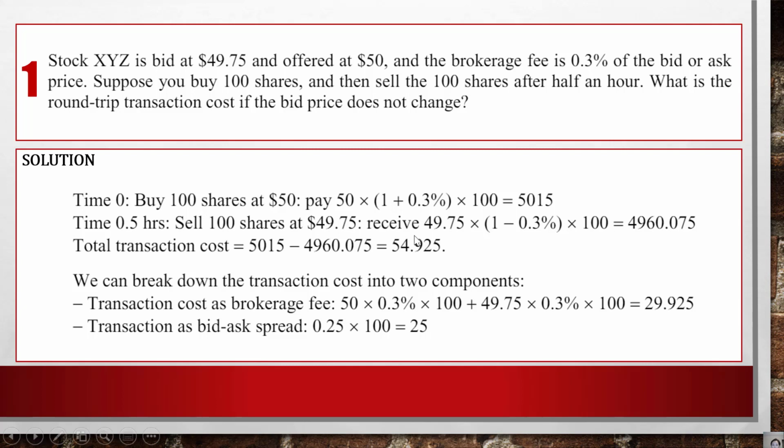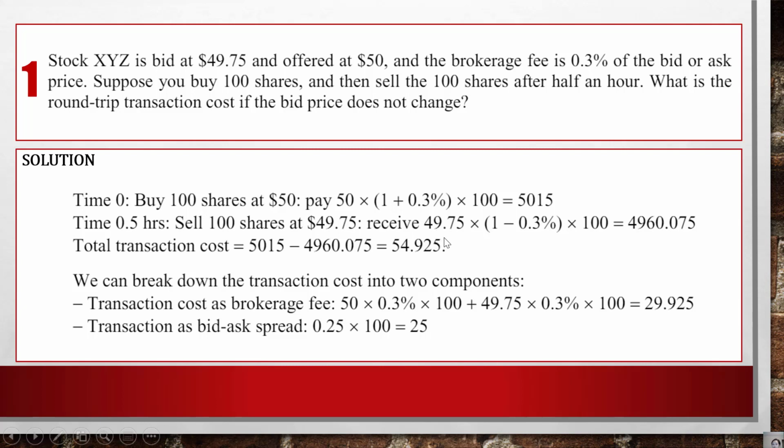So at time 0 we pay 50 times (1 plus 0.3%) times 100, which is 5,015. Then half an hour later, we sell 100 shares at the price of 49.75 and we receive... Here when we buy, we have to pay the brokerage fee, and when we sell, we also pay 0.3% brokerage fee.